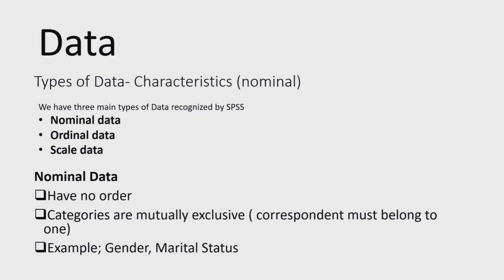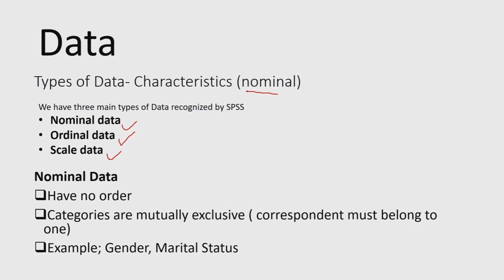Now the data sets. SPSS takes three main types of data: nominal data, ordinal data, and scale data. We're treating nominal data first. Nominal data are data that have no order. The categories are mutually exclusive, that means a respondent must belong to one. There are data sets that do not have order, and you must belong to one group.